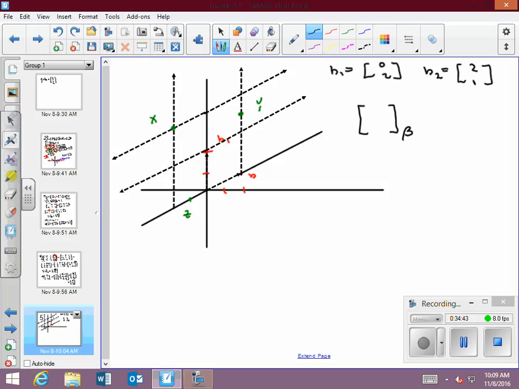So the B1, it's going to be 2 for B1, and then a minus B2. Right?